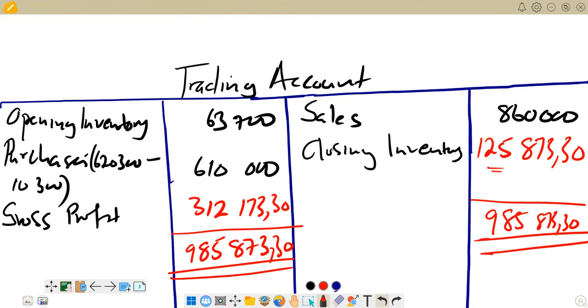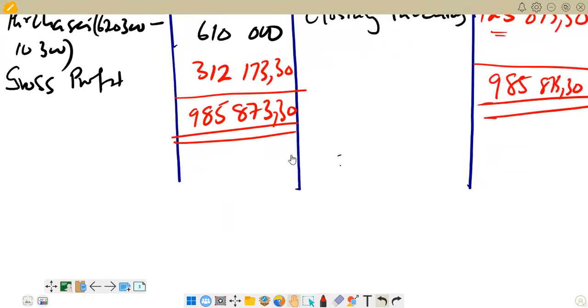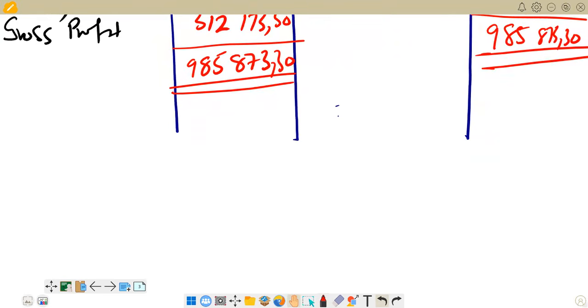Then we now go down to calculate the inventory which was lost. Remember, we put down the formula for stock loss.